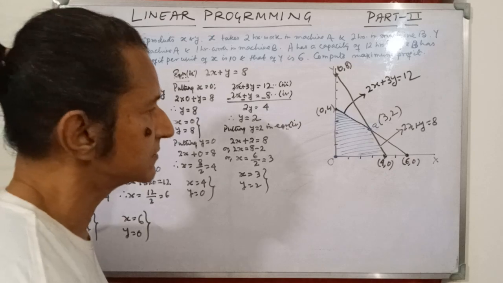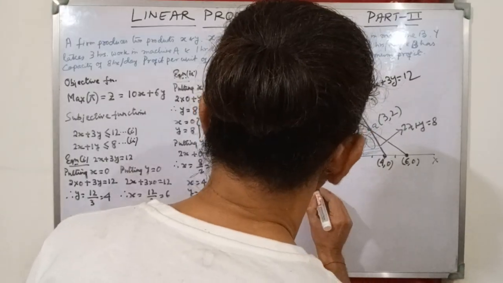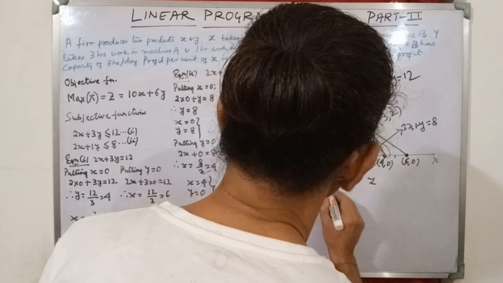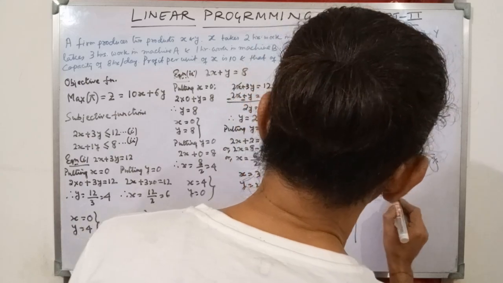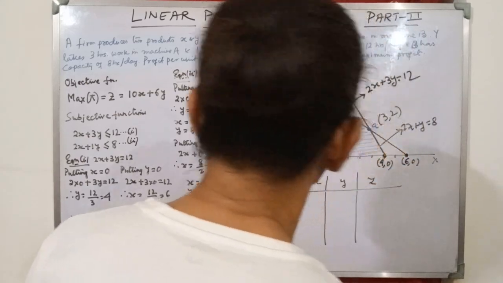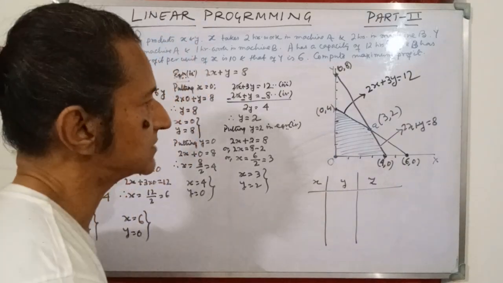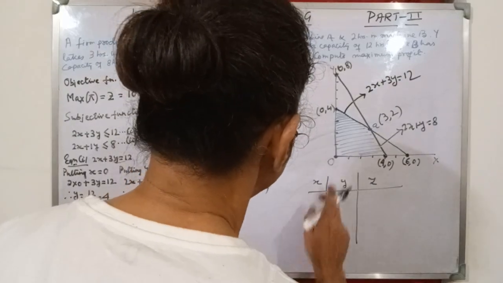Now we shall make a table consisting of 3 columns, x, y and z, and we shall put the values of these coordinates. We need not consider this point 0, 0, because if we consider this point, then profit will be 0. So no need to consider this point.